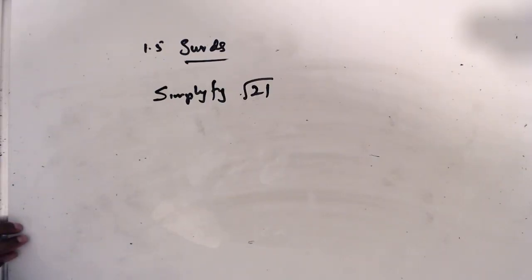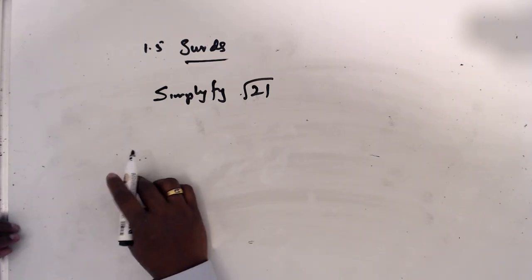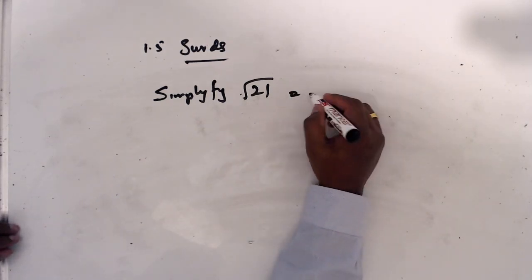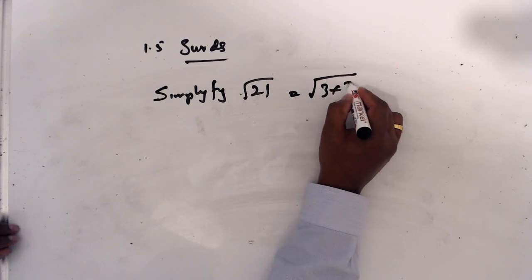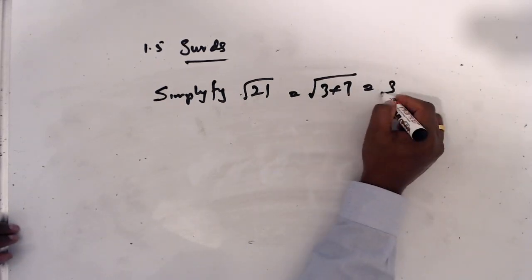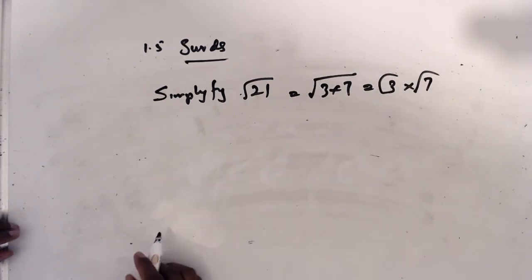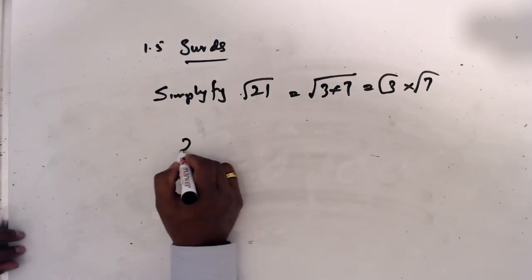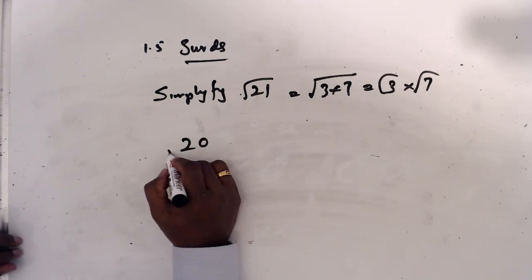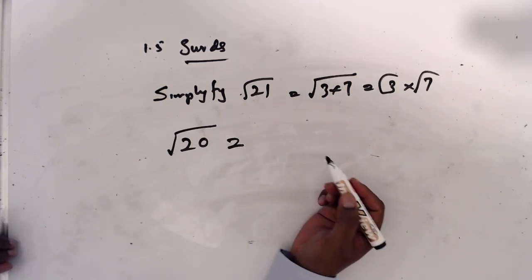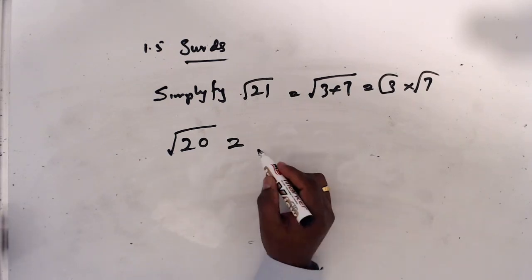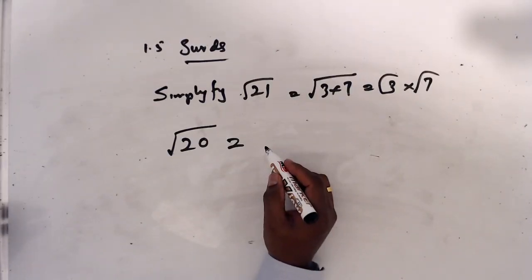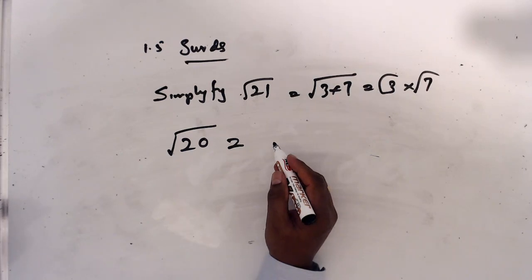Simplify square root 21. The only way we can write this is 3 times 7, and square root 3 times square root 7. Actually, this is not a simplification. If we consider square root 20, then yes, we can simplify this, because simplifying means we are always trying to write those types of numbers with the aid of square numbers.